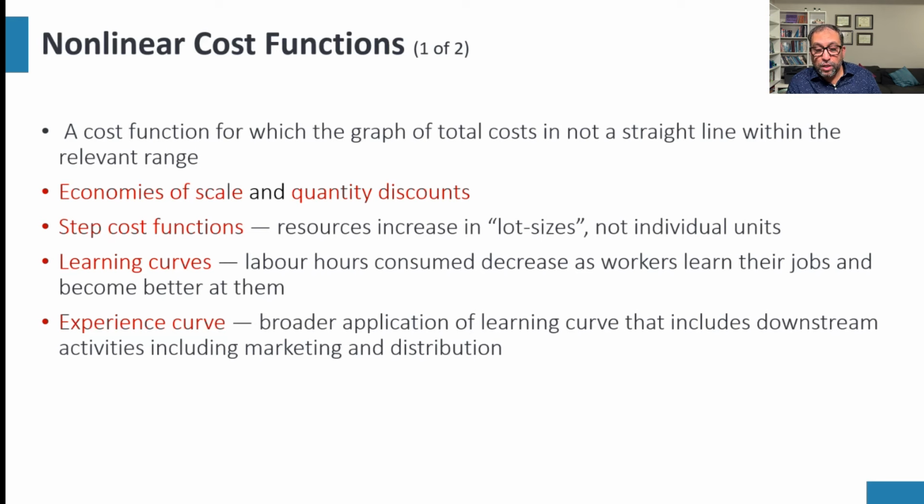So the learning curve, as I mentioned in the beginning: because of experience and repeated work by labor, the productivity increases with repeated production, and in this way the cost reduces.